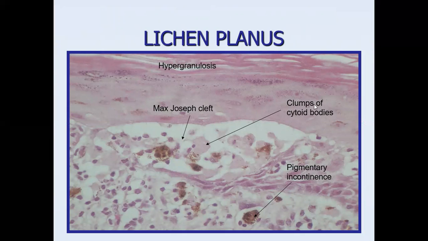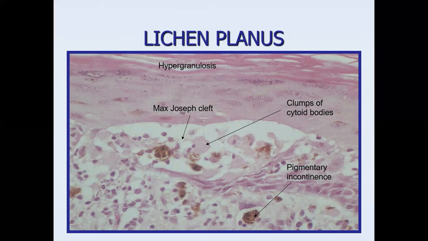In lichen planus, we use a few other terms. The clumps of cytoid bodies or colloid bodies, then a cleft beneath the epidermis, which is called Max-Joseph cleft, and then the pigment which is present in the melanocytes. Due to disintegration of basal cells, the melanocytes also get disintegrated, and because of the bursting of the melanocytes, all the pigment goes down into the papillary dermis, and this is called pigmentary incontinence.